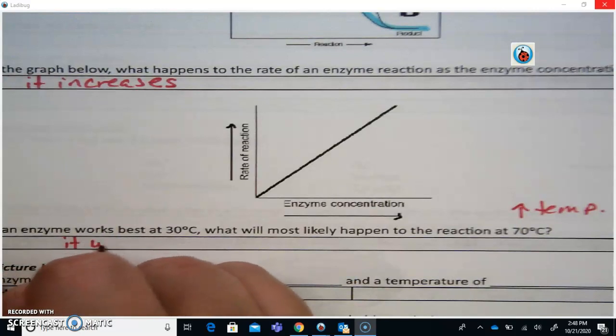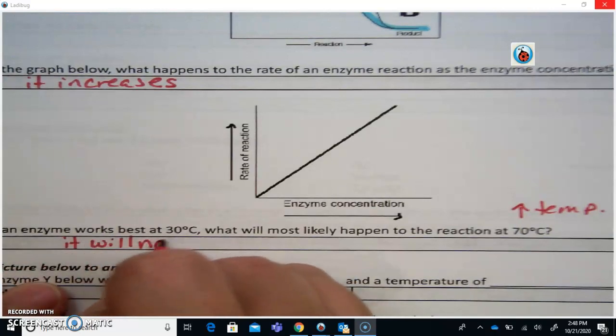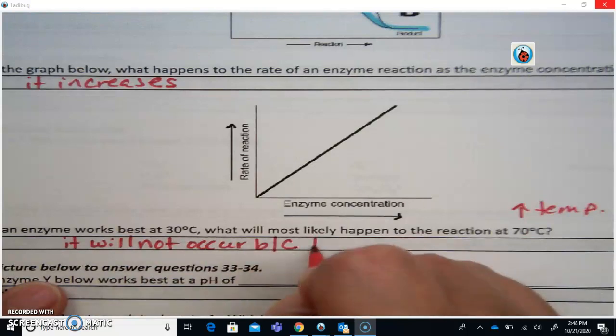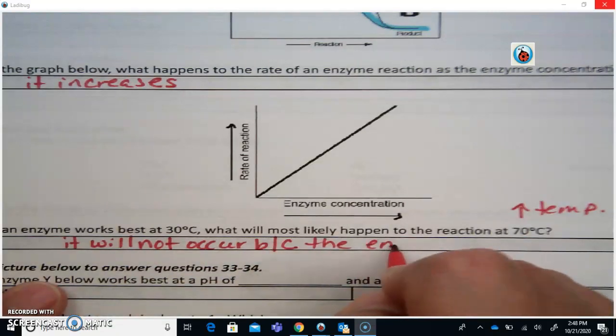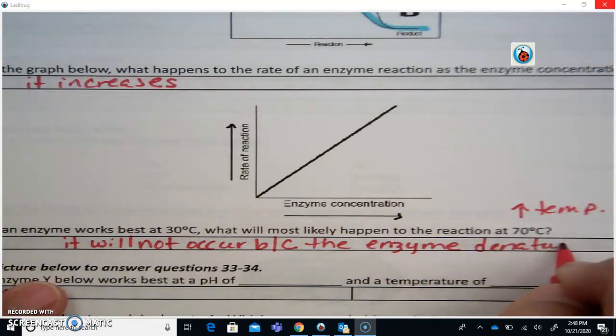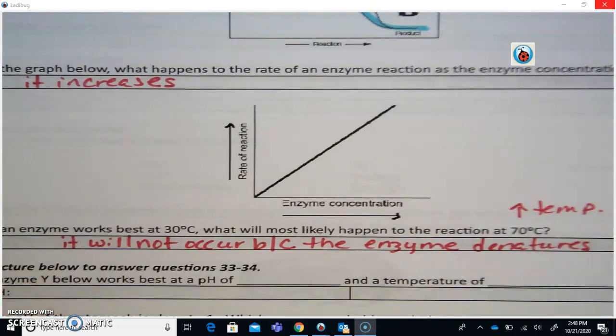It will not occur, because the enzyme denatures, or the shape is changed. So that means that if the shape of the enzyme changes, then the chemical reaction will not take place.